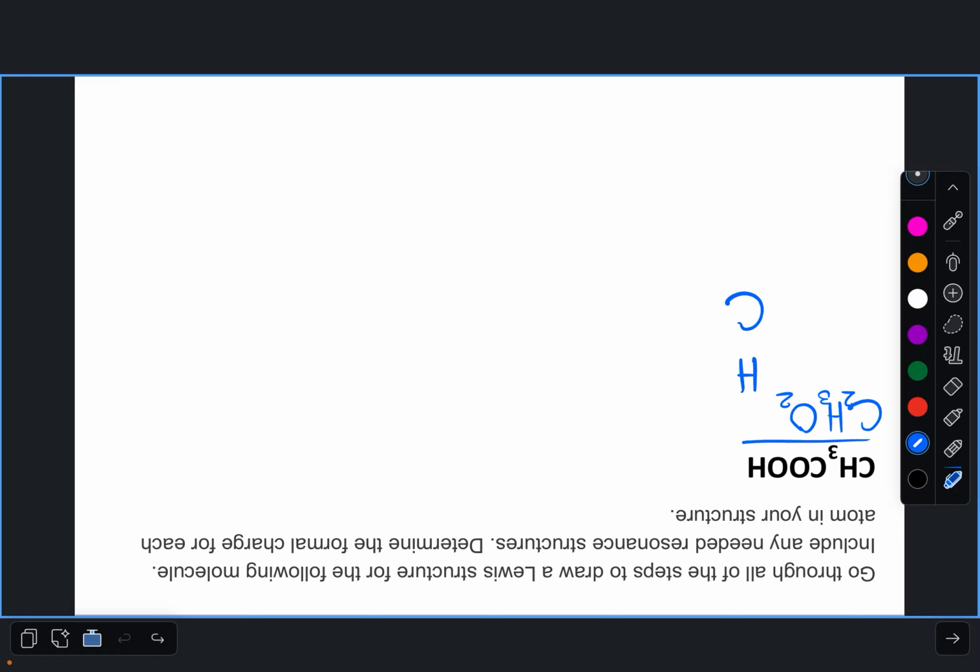So I'm not going to draw the bonds in for you, but I'm just going to draw where the atoms are. So you go ahead and put the valence electrons in, but recognize that these guys are going to be bonded to each other and this is going to be bonded to that. But that other oxygen is not bonded to the oxygen, it's bonded to the carbon, okay?